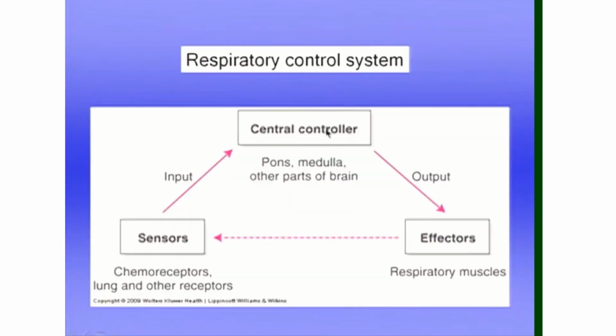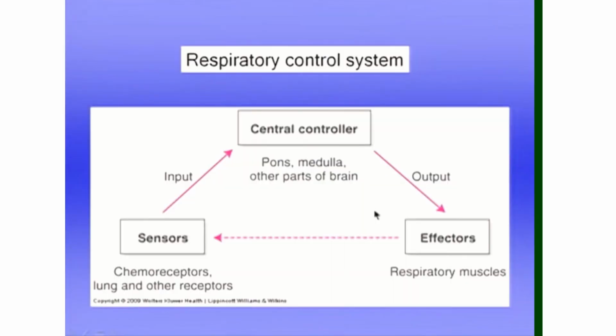As a result, the chemoreceptors will recognize the increase in PCO2 in the blood and send the information to the central controller, and the central controller will increase the ventilation by increasing the output to the respiratory muscles. The result of the increase in ventilation is to reduce the arterial PCO2, and in that way the system is returned to its normal situation. So that's an example of negative feedback.